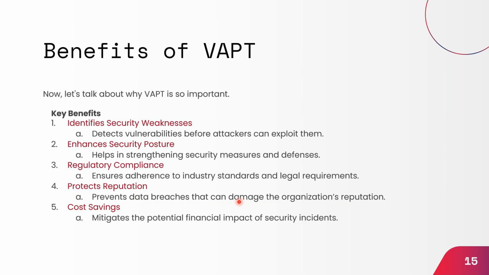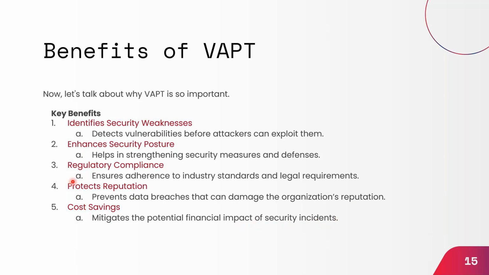Okay. So what happens if your company data is out, let's say a data breach happens? Of course, people will not show interest in doing business with you, because you don't have proper security over there, right? And also cost saving, guys, right? Mitigate the potential financial impact of a security incident.